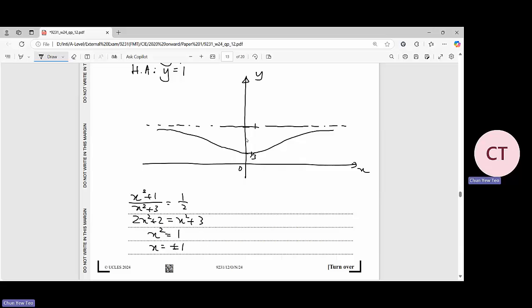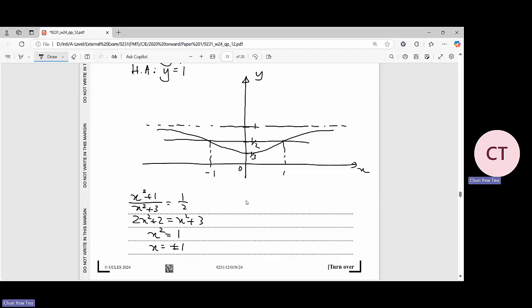That means when you draw the line half over here, you will have the intersection here at 1, and the intersection here will be negative 1.